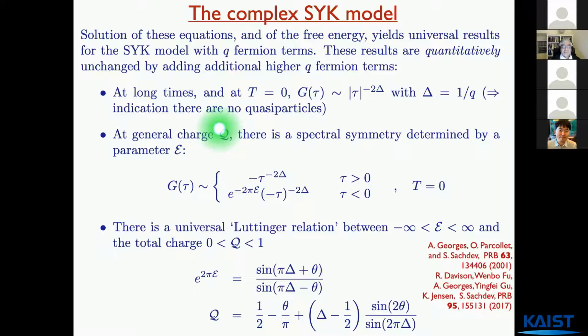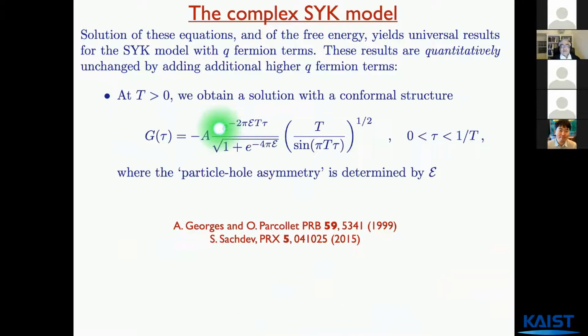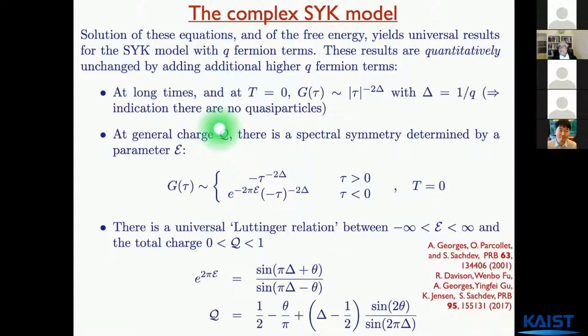All right, another remark. Yes, please. So the Luttinger relation, I understand it as a mixed anomaly between translation symmetry and charge conservation, right? Yeah, right. Do you have such a specific anomaly associated with the Luttinger relation for the SYK model? Yes, it is basically an anomaly associated with charge conservation.